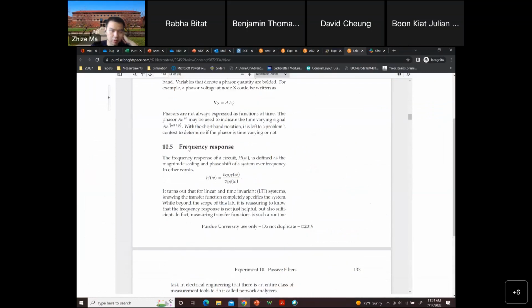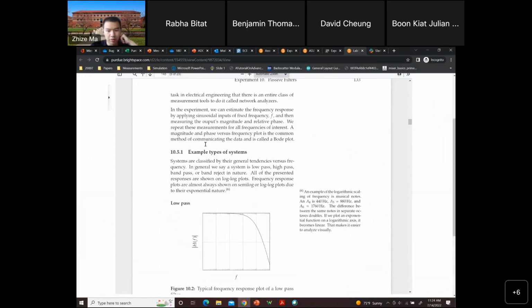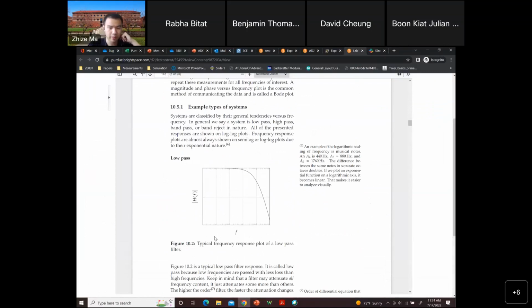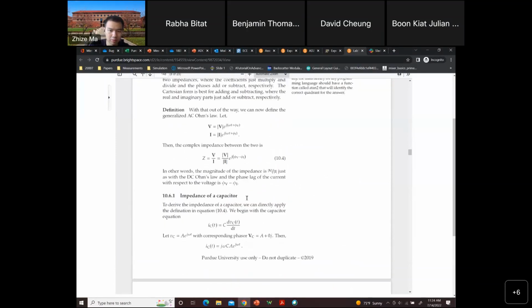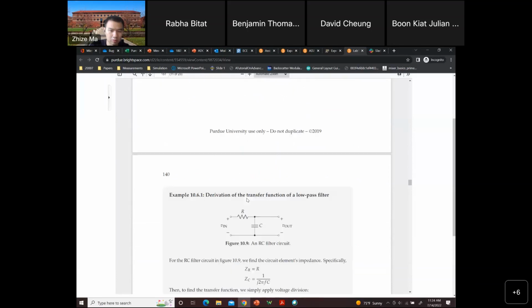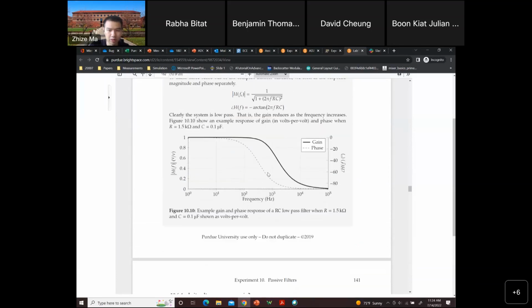Then there's the frequency response plot, or we call it the magnitude response plot. That's a plot where the x-axis is frequency. Let's use this as the example.